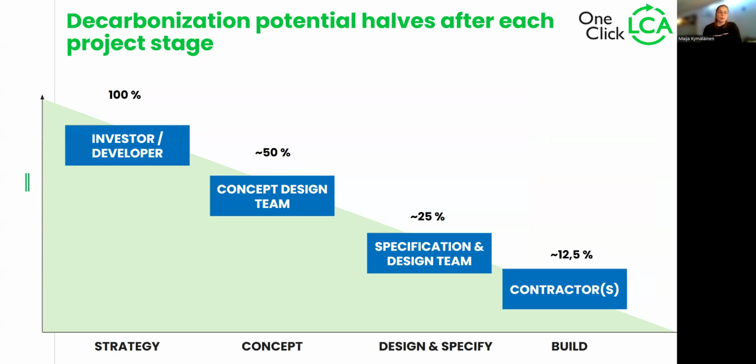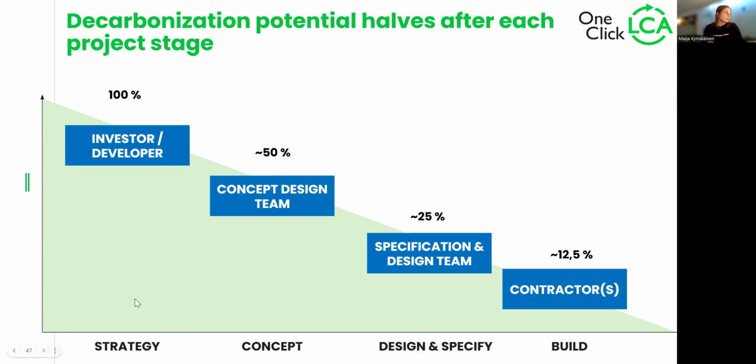So what is the appropriate time to conduct an LCA assessment? And the sooner, the better is basically the answer. The decarbonization potential tends to diminish quite drastically after each project stage, so it can even halve.